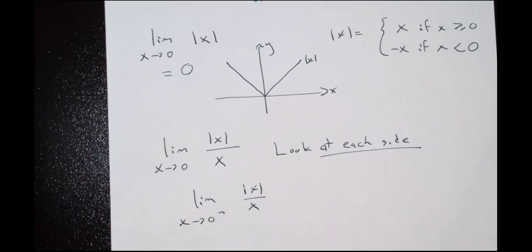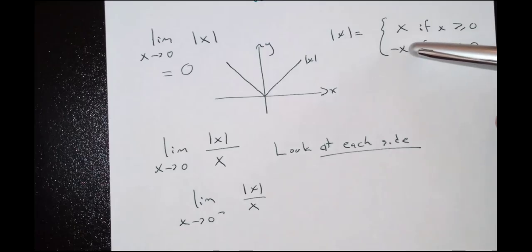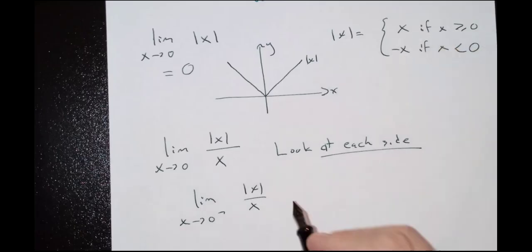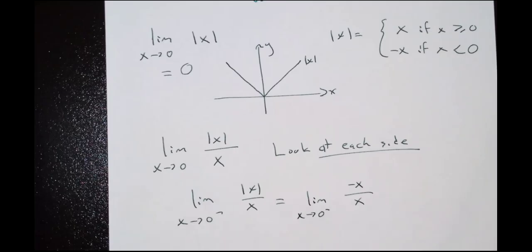Okay. That little minus sign means I am approaching only using numbers that are to the left, the negative side of 0. That means I'm in this part of my function. So I'm going to replace this absolute value with this expression. That's an indeterminate form.